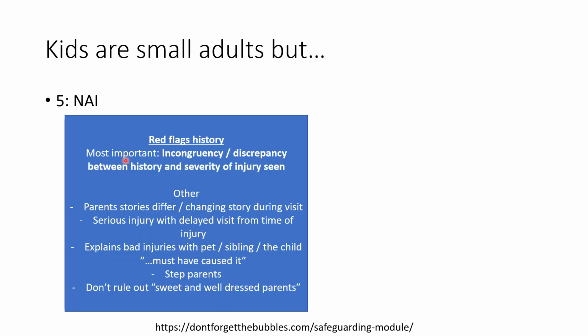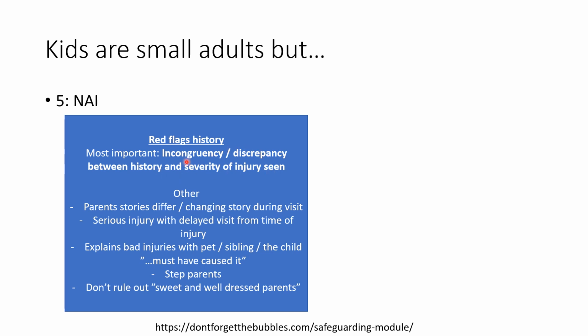So how would we suspect this in the orthopedic emergency department? Well, one of the most important things, I think, is the incongruency or discrepancy between the history and the severity of the injury, or not necessarily the severity, but if it's a really, really rare injury that they get, and the history just doesn't fit, either because of the mechanics or because they presented late or they don't have a good explanation, or they weren't there, and so on and so forth, right?